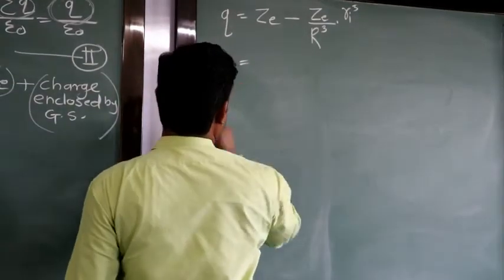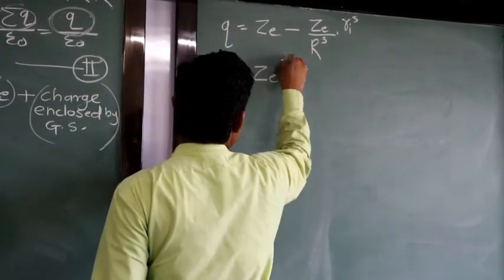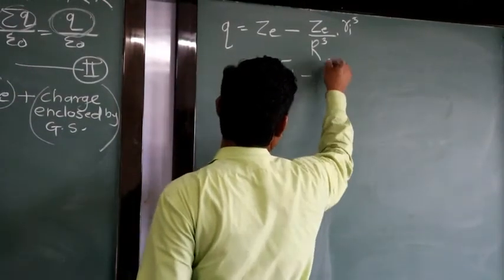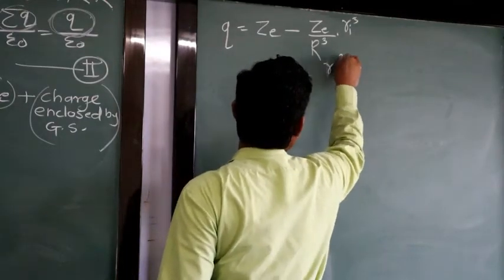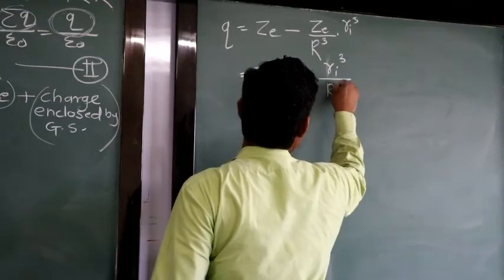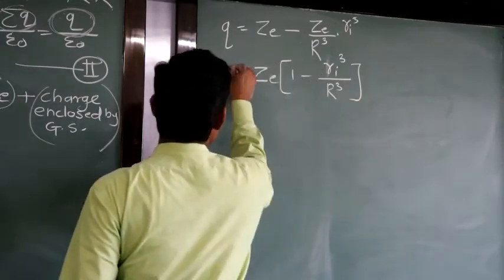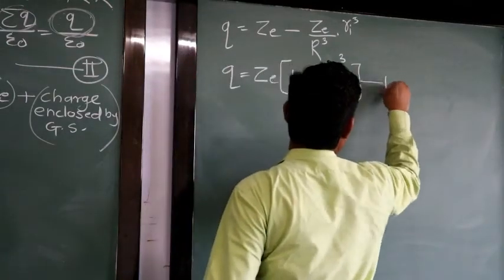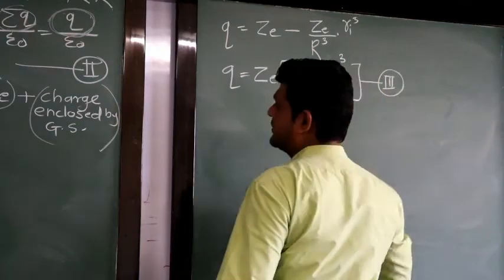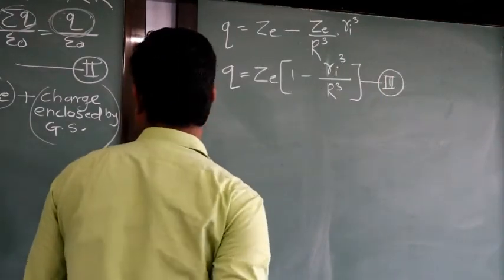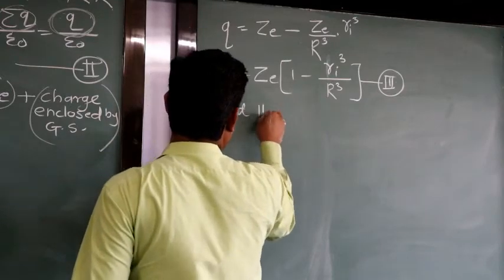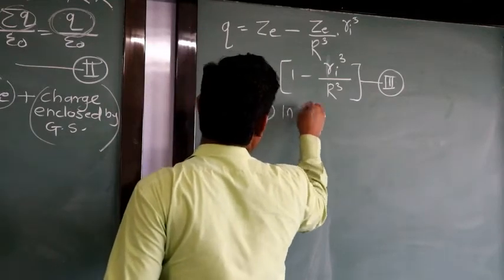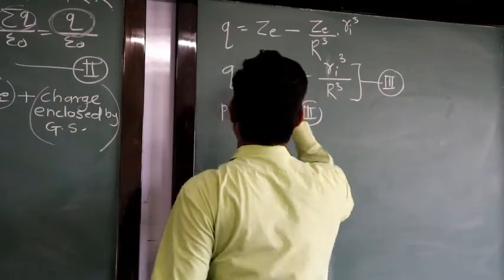Taking Ze outside, 1 minus Ri cube divided by this R cube. This is your q, equation number 3. If we put the value of 3 in equation 2, we solve for the value of q.